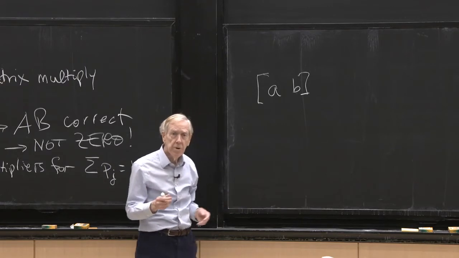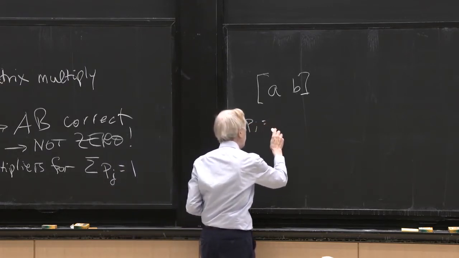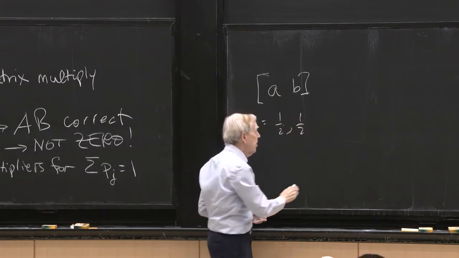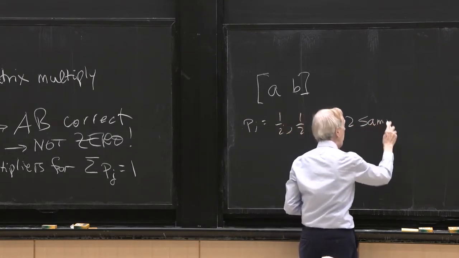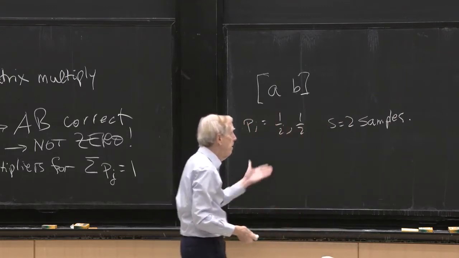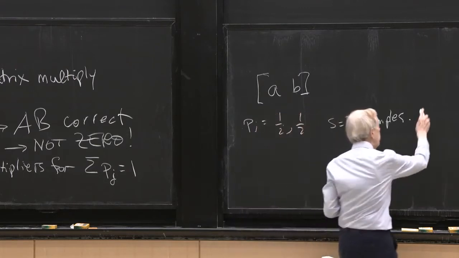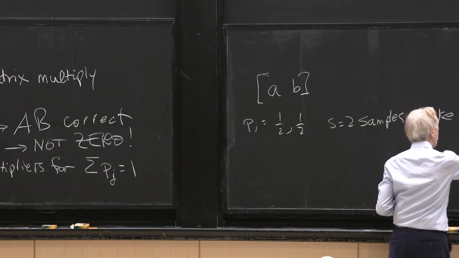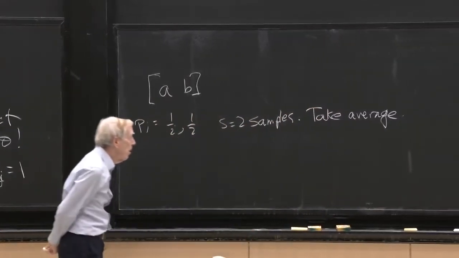And I take the average. So the probabilities are going to be 1/2 for the two columns. And I'm going to do S equal to 2 samples. And I'll weight them and take the average of the two samples. Okay.